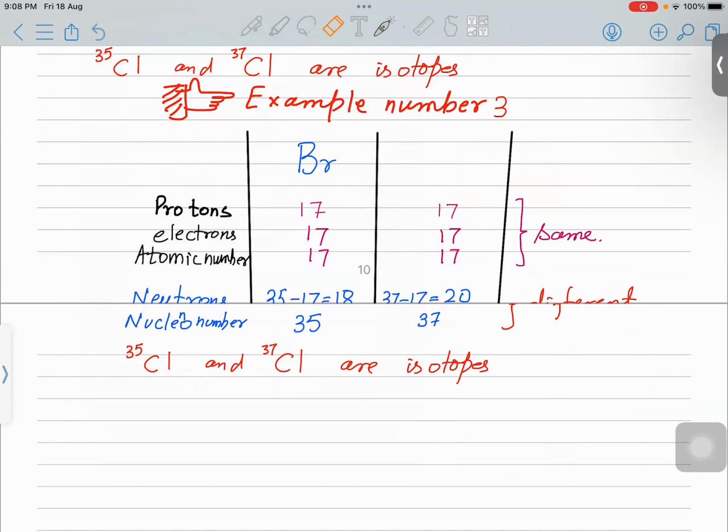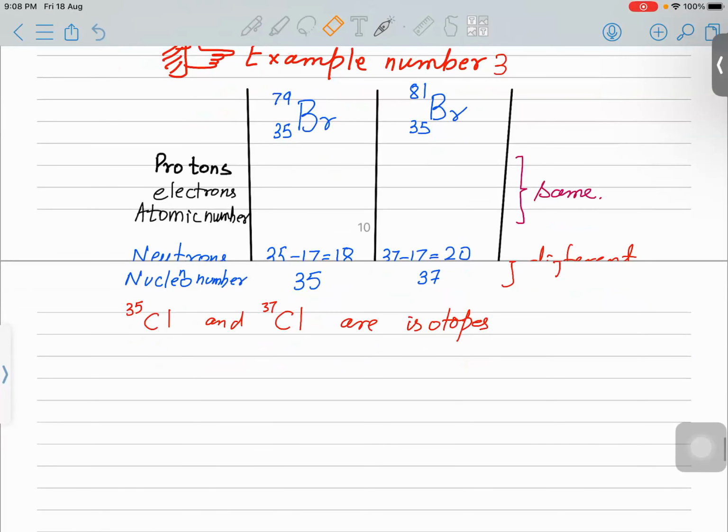Bromine is 79, 35. The second bromine is 81, 35. Now, can you tell me the proton number, electron number, and atomic number?